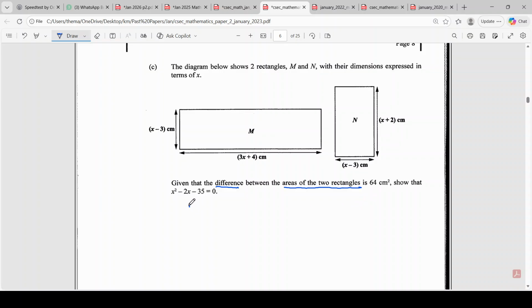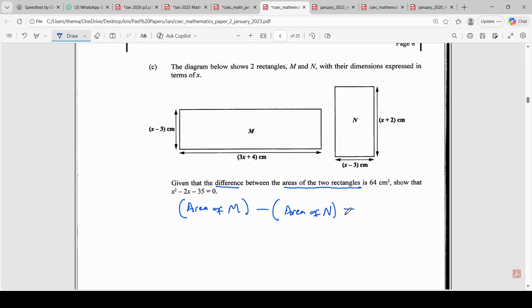So what they're telling you here is we find the area of M and we take away the area of N. Right, that's what this word is saying here. They want the difference between the areas of the two rectangles. So we need to find the area of M, find the area of N, and subtract it.